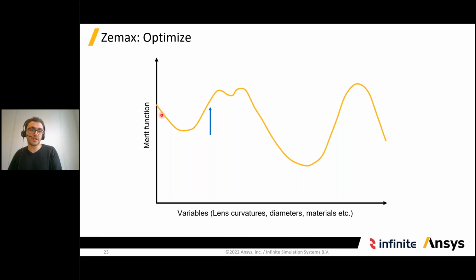So Zemax will make random changes in your system so that the merit function becomes low. In this case, we found a local optimum, but if you just keep the software running, it will keep running until you say to stop it. Maybe at some point it will find a global minimum. So you can easily use Zemax to optimize your system and find the best performance.